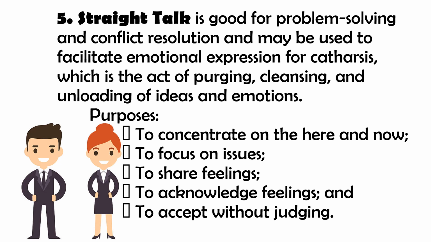It is good for problem solving and conflict resolution and may be used to facilitate emotional expression for catharsis, which is the act of purging, cleansing, and unloading of ideas and emotion. The purpose of straight talk is to concentrate on the here and now, to focus on issues, to share feelings, to acknowledge feelings, and to accept without judging.